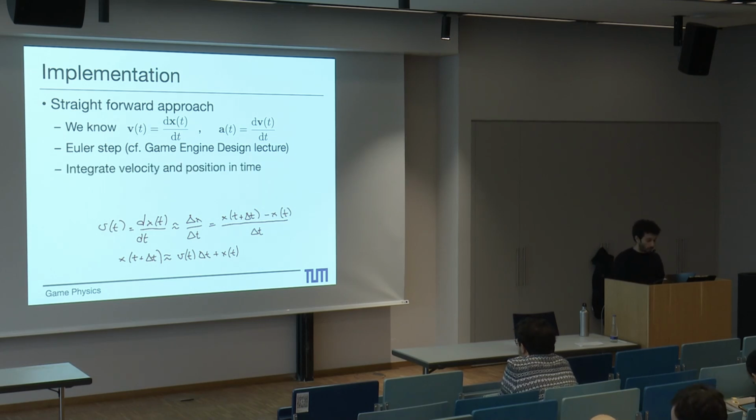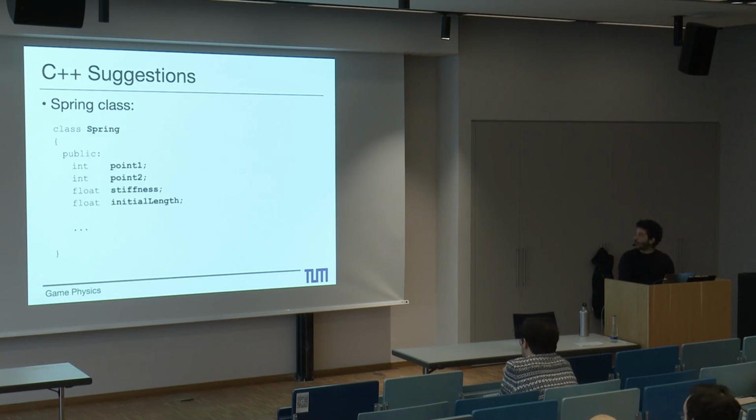So what we want to do is integrate velocity and position in time using this approach, applying it both to the velocity and the acceleration. And in a computational sense, we can write a different class for the points, so the masses, and the springs.